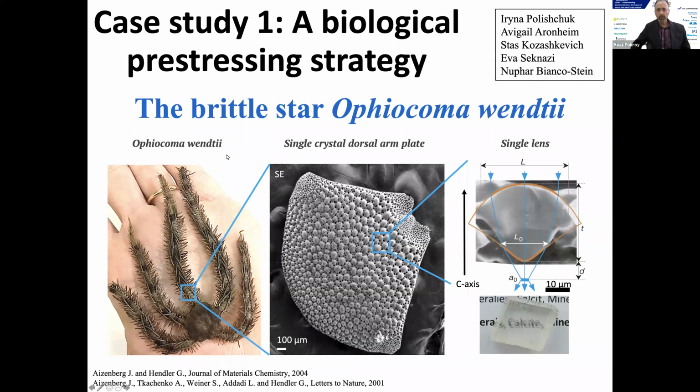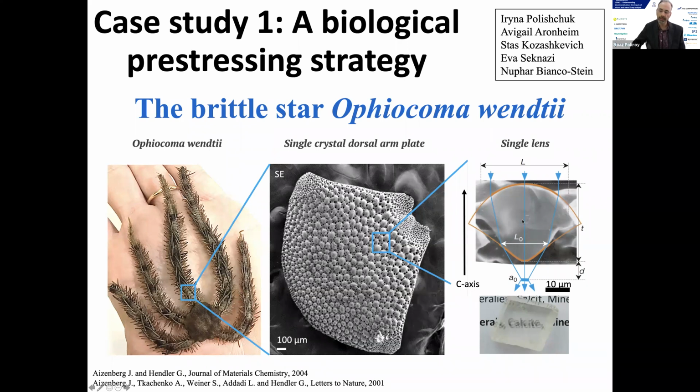So I will start with the brittle star, the Ophiocoma wendtii. And you can see here this organism, it has these 5 arms, and on the arms, it has these single crystalline dorsal arm plates. And as you can see on this dorsal arm plate, you can see all these rounded shapes here. And each one of them, if you look in the cross section, it looks like this.